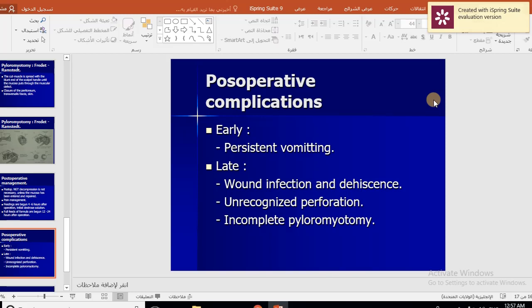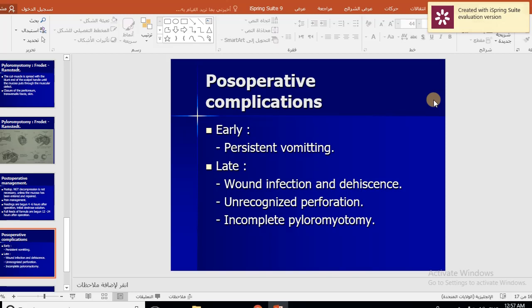Post-operative complications which can happen after this operation include persistent vomiting because of incomplete opening of the pyloric stenotic muscles. The patient still has vomiting, and then the patient needs repeat surgery.